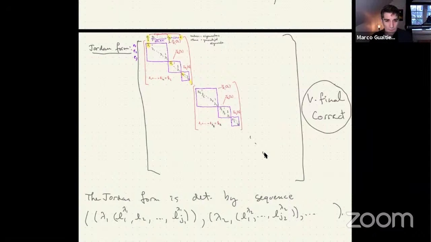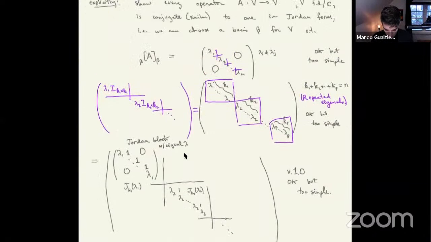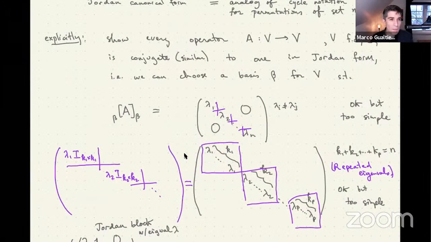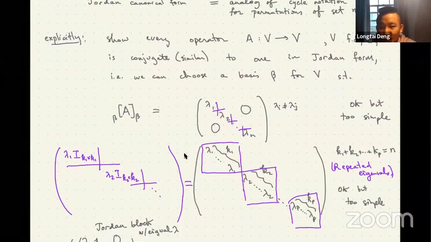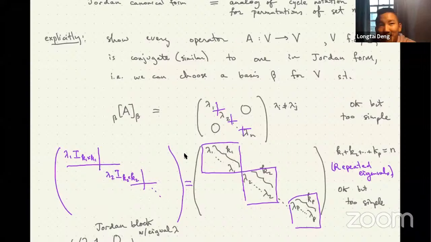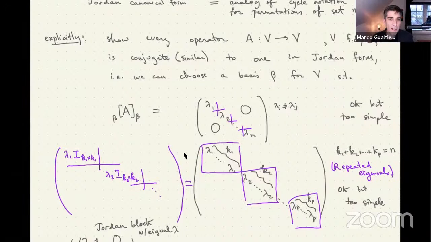So let's go back to the simplest case. What's the simplest diagonal matrix that you know? Identity matrix. Well, even simpler. Or zero matrix. Okay, so does it depend on the basis? Nope. It doesn't depend on it. So if you take the zero operator and you write it in any basis, what is the matrix?